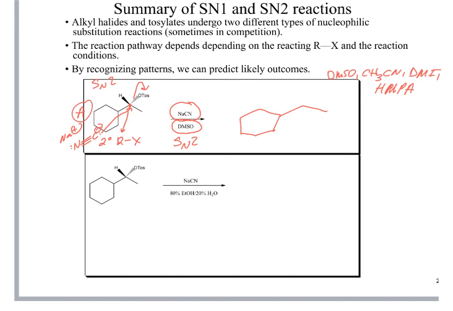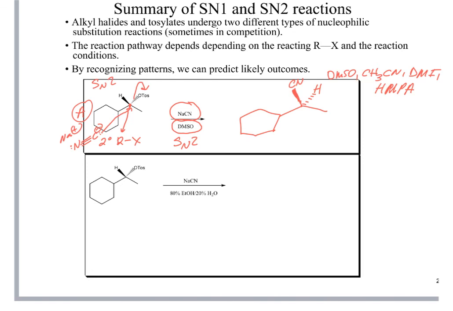Tosylate will be expelled, leading to hydrogen being pushed toward the back, and my nucleophile coming out in the front. Predicting the product is easy once you find and recognize the pattern, and then recognize the reaction conditions.